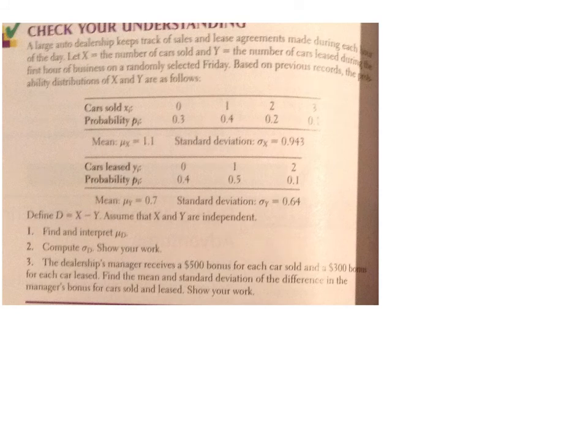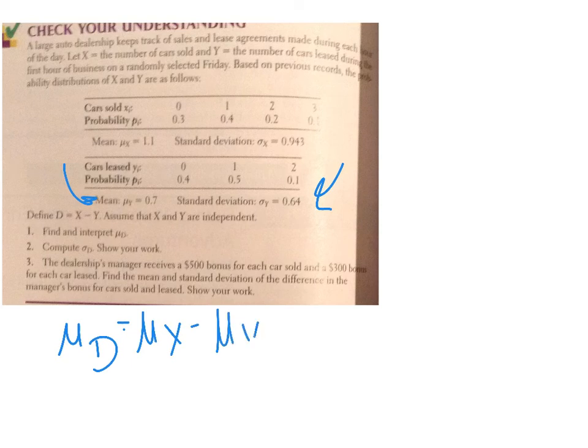Okay, another example. We're back at this car dealership, and we're finding and interpreting the mean of D, the difference between when cars are sold versus when cars are leased. My mean of D is equal to my mean of X minus my mean of Y, from my 1.1 minus 0.7, which gives me 0.4.